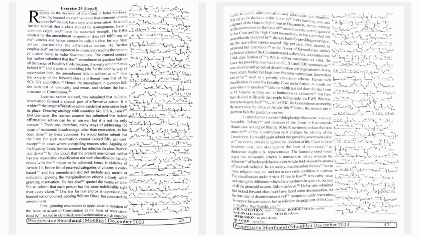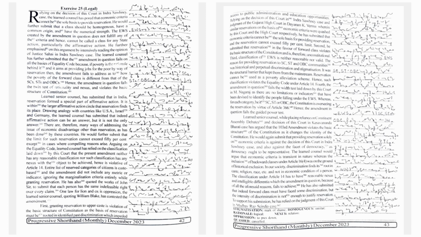The reason for providing reservation to SC, ST, and OBC communities was historical and perpetual discrimination and stigmatization. It was the structural barrier that kept them from the mainstream. Reservation cannot be used as a poverty alleviation scheme. Hence, such classification violates the Equality Code under Article 14.